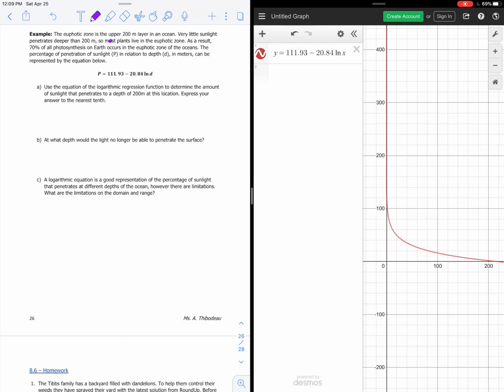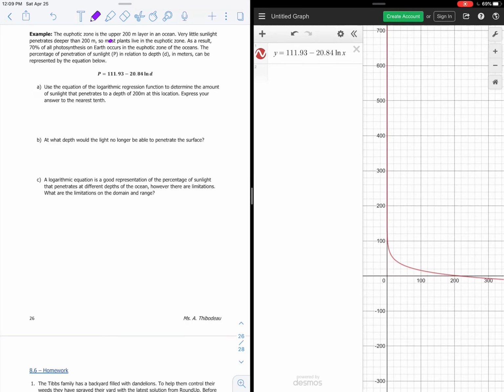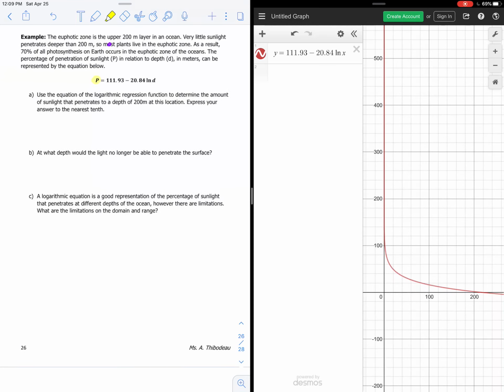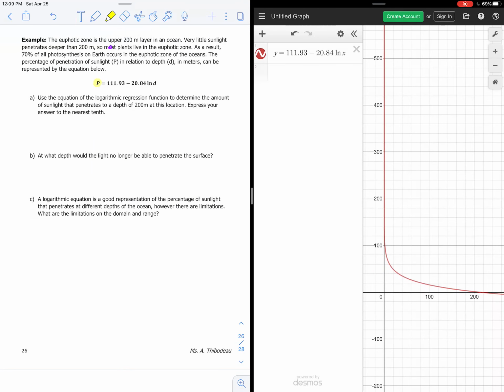All right. And we can see, if we start zooming out here, that logarithmic curve that we normally see, which is great. The percentage of penetration of sunlight, represented by capital P, is our dependent variable, and our independent variable is our depth, our lowercase d here.